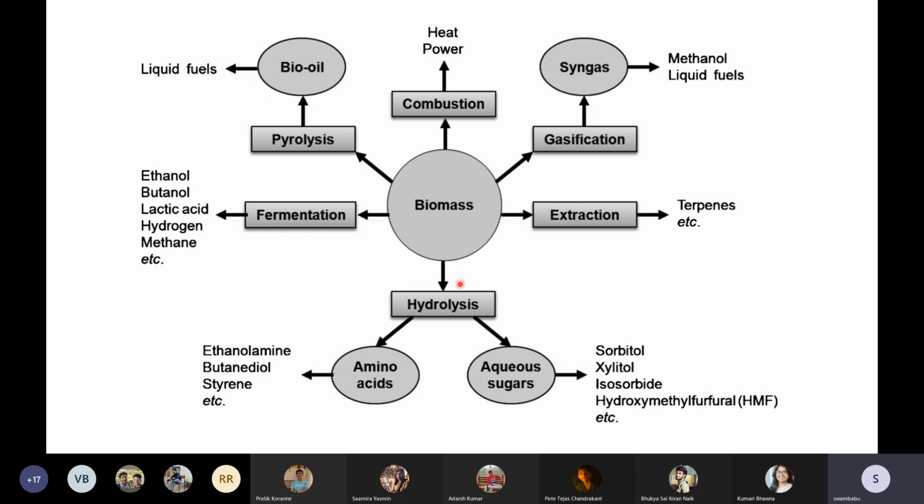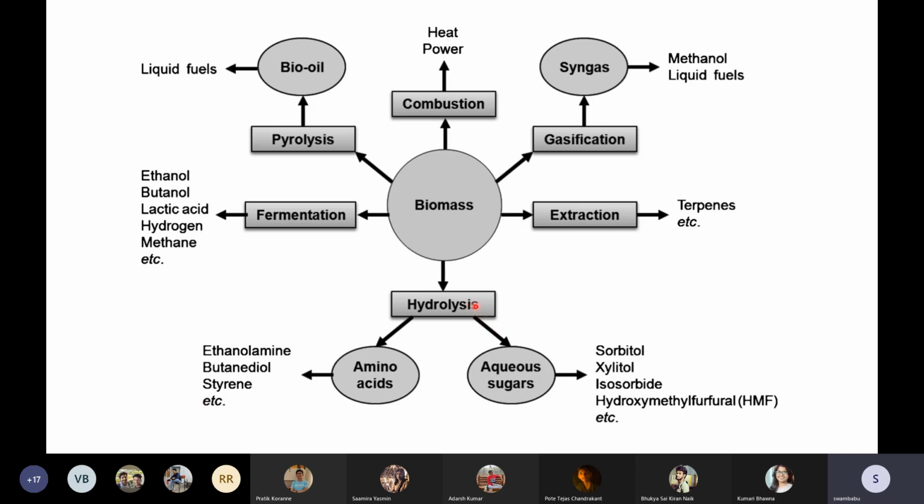Depending upon the way you perform the hydrolysis, you can produce amino acids, ethanolamine, styrene, butanediol. You can get these components even from petroleum products also.